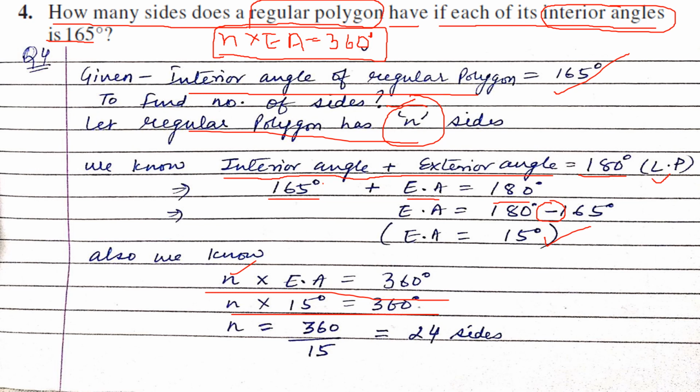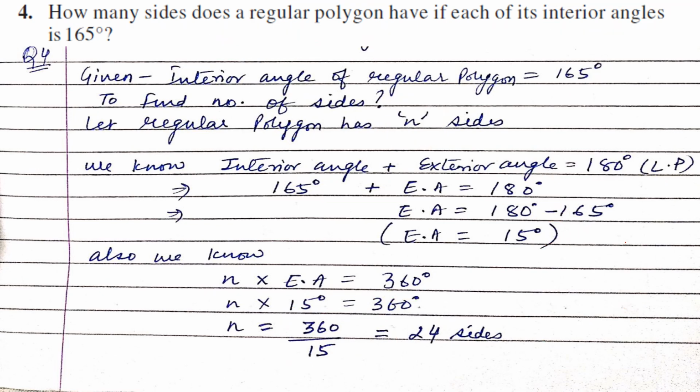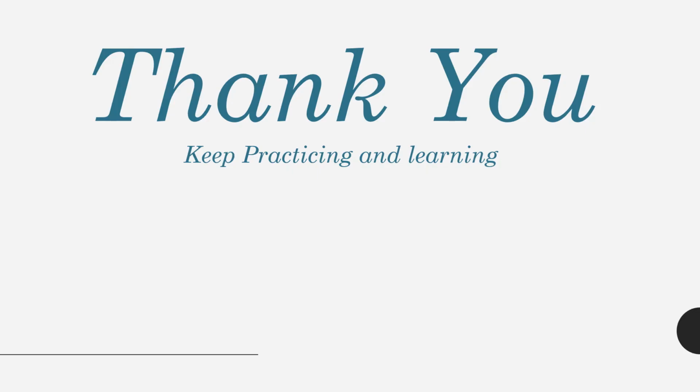So we will isolate the n and this 15 will go in denominator, division like this. Answer will come as 24. That is, we will have how many sides? 24 sides. I hope you got this. Thank you. Keep practicing and learning.